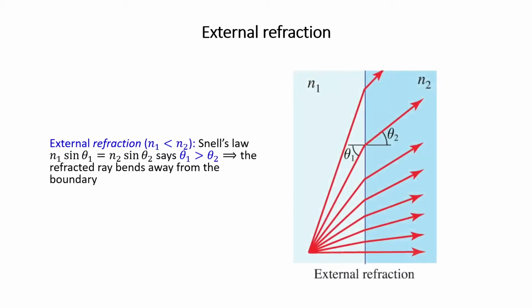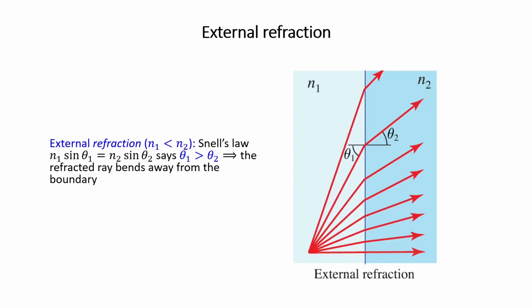In this video, we are going to apply Snell's law to the planar boundaries. Consider this figure. The refractive index in medium 1 is less than that of medium 2, or N1 is less than N2. On the other hand, Snell's law says N1 sine of theta 1 is equal to N2 sine of theta 2.